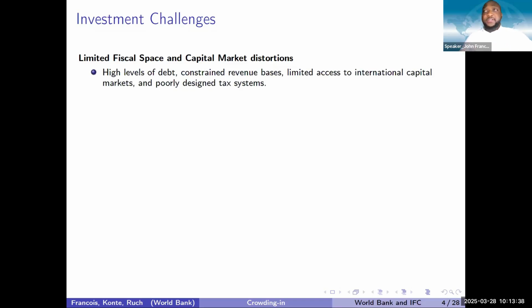So for some countries, particularly some countries in Sub-Saharan Africa and some low-income countries, had high levels of debt as well as constrained revenue bases. Even though they may have a huge base, they haven't accessed the whole base. So revenue collection was fairly a challenge in order to help finance some of its investment needs.